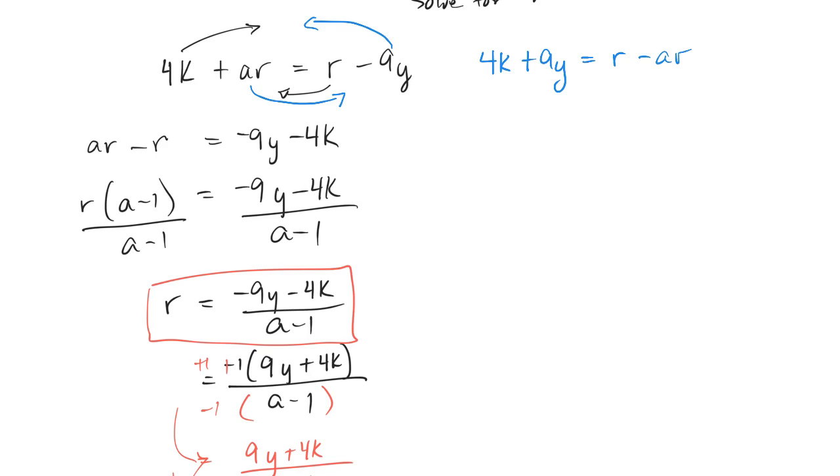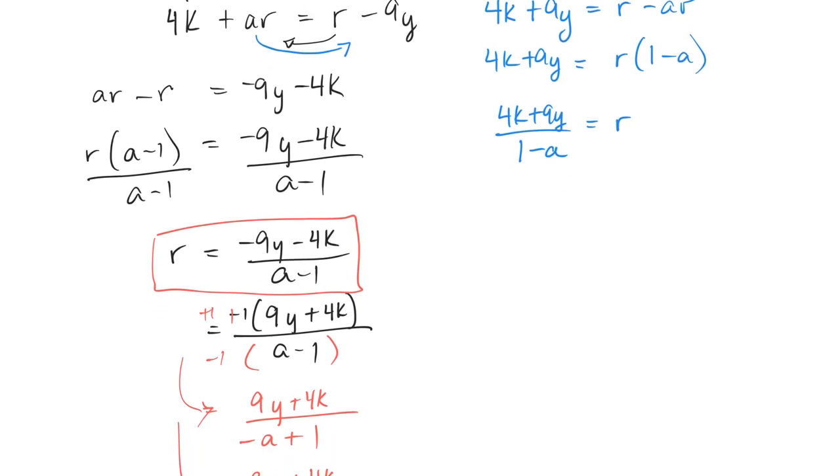Is that right? Yeah. Then factor out an R. So I have 1 minus a. I've seen that before. Is equal to 4k plus 9y. Divide both sides by the 1 minus a. So I'll get R is equal to 4k plus 9y over 1 minus a.